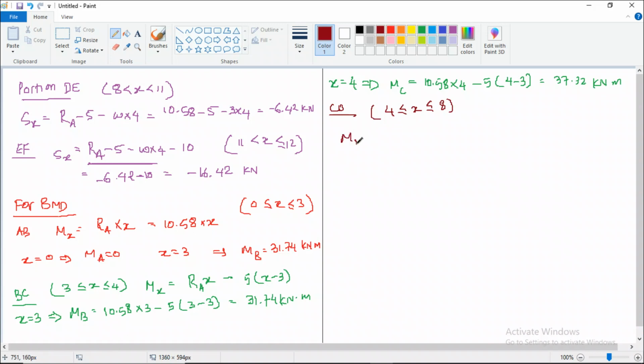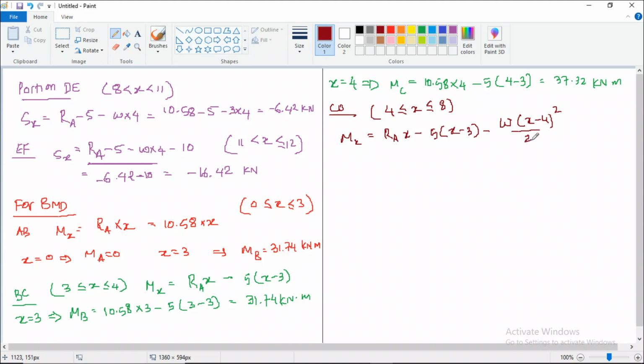So Mx in this section will be equal to Ra multiplied by x minus 5 into (x minus 3) and minus w into (x minus 4) squared divided by 2.